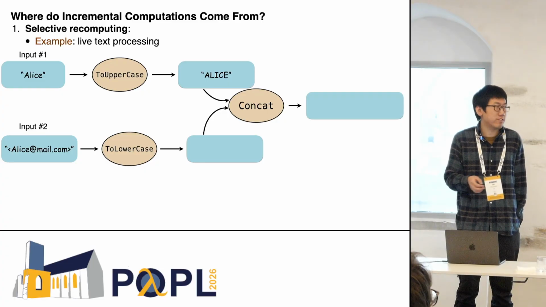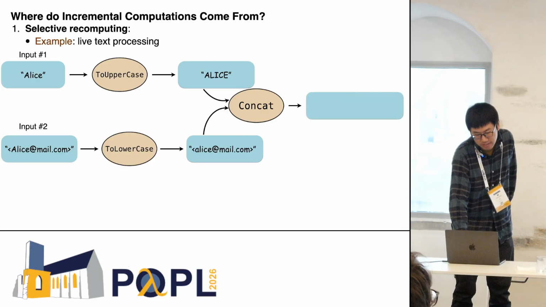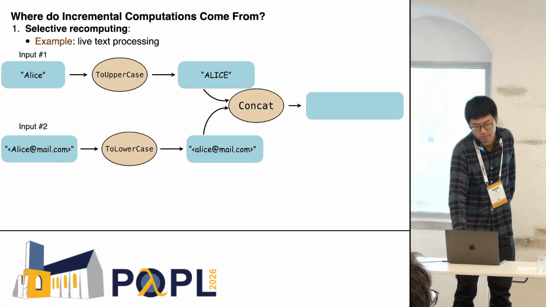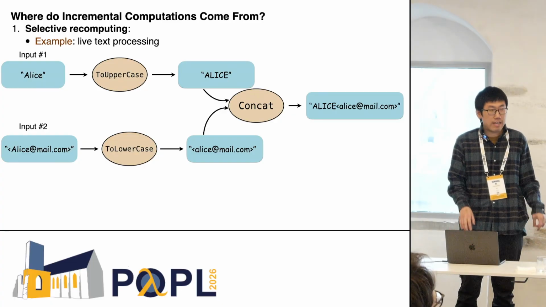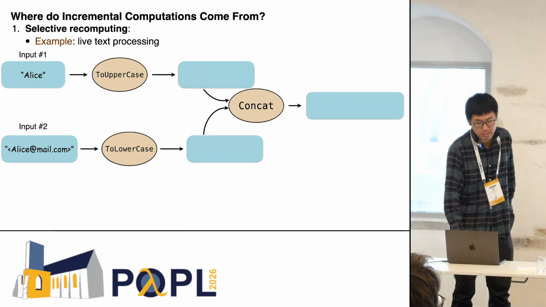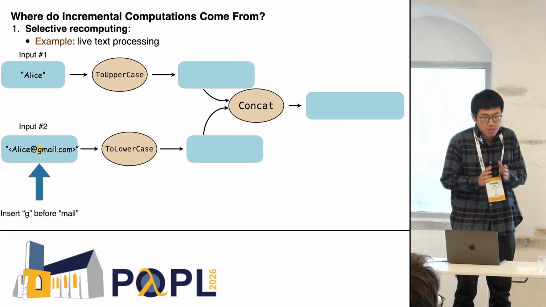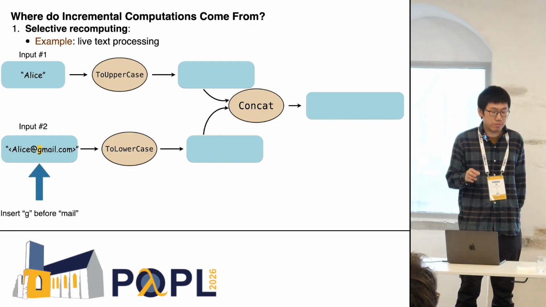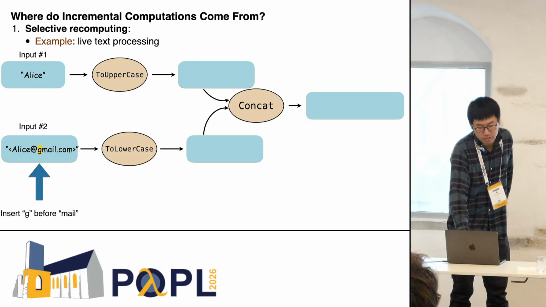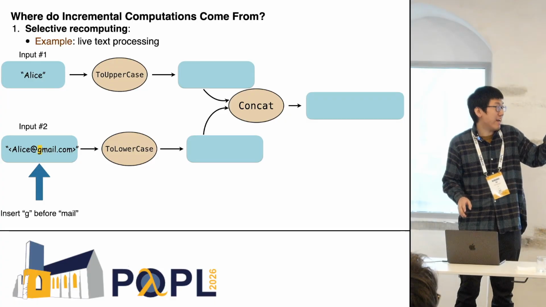Finally, we take these two intermediate results together to get the final output. Now let's consider how selective recomputation works if we modify the second input by inserting a character G before the mail. I have highlighted that here.